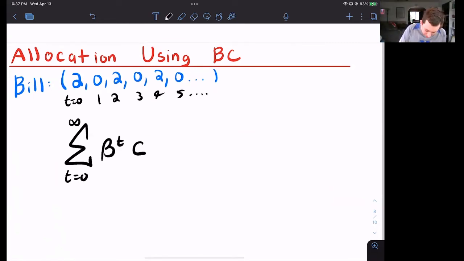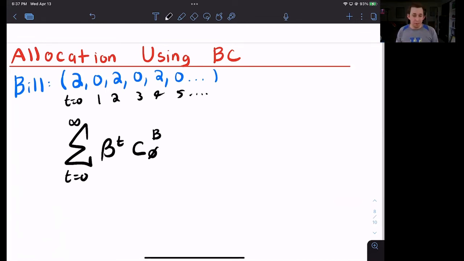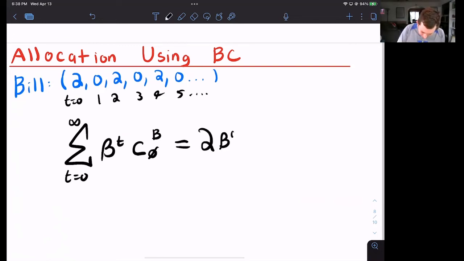And we know that C_t is just some number that Bill consumes in period 0, which is equal to the same number that he consumes in every period. And we know that this is equal to his endowment times the price. So this is equal to 2 beta to the 0 plus 0 plus 2 beta squared plus 0 plus, and so on.